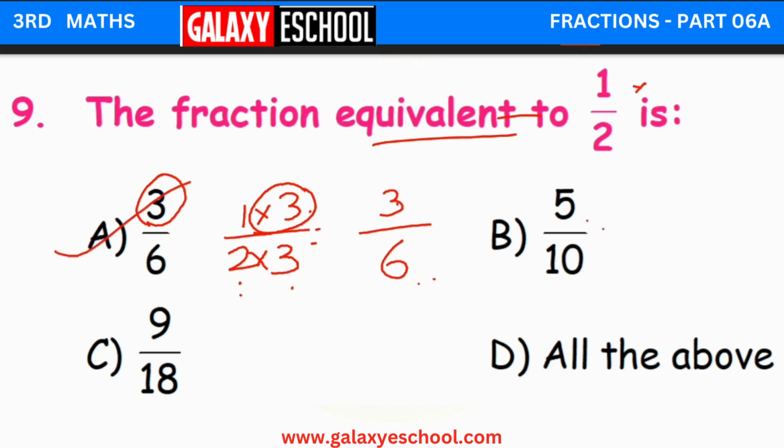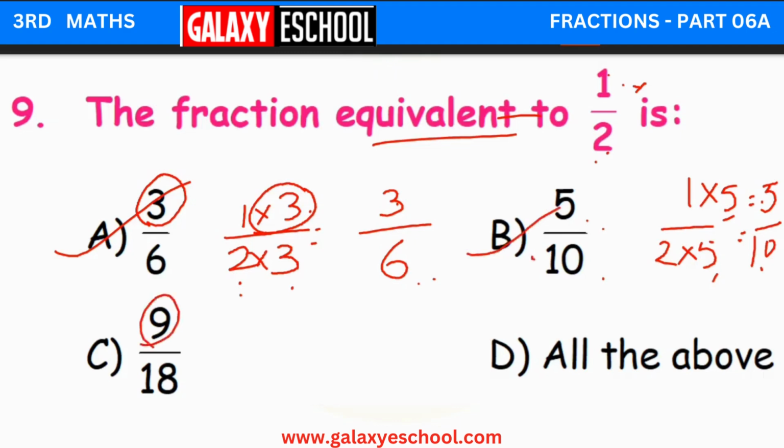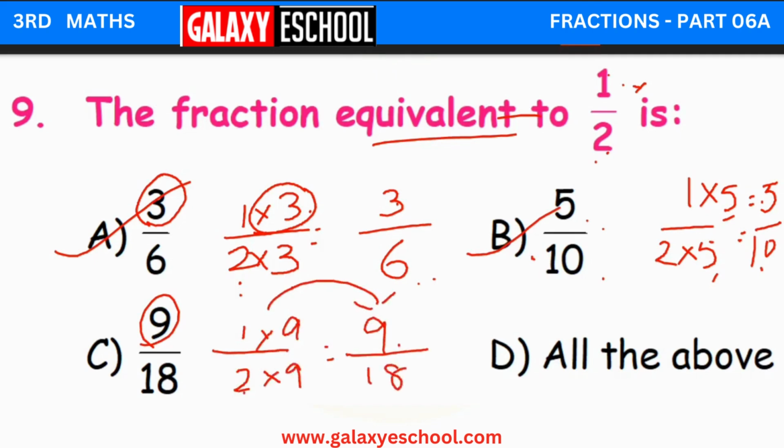And even if you look at option B here, children, we have 1 5s are 5 and 2 5s are 10. Yes, if we multiply both numerator and denominator by 5, we will get 5 by 10. Okay, so option B is also correct. Now here, we are having 9, right? So 1 9s are 9 and 2 9s are 18.